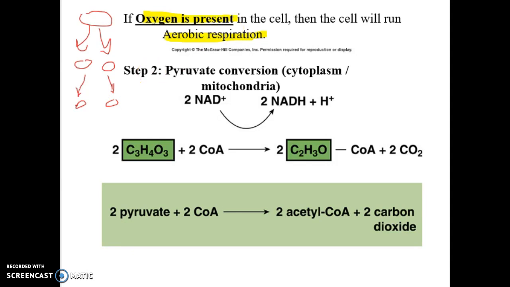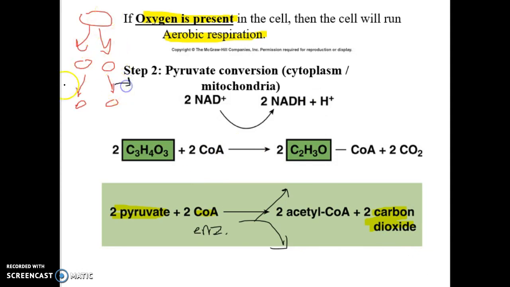All right, so what goes in? 2 pyruvates, and then 2 of these enzymes called CoA enzymes. So I'm going to label that. That's an enzyme. And when we do this, we rip it apart, and we pop it apart. We knock off carbons, and that's going to form some carbon dioxide. So actually I should go back up here.